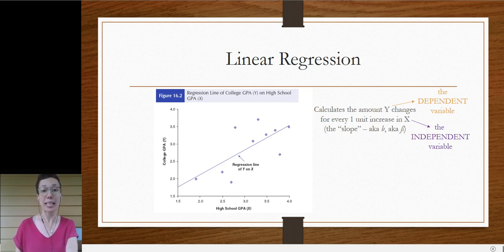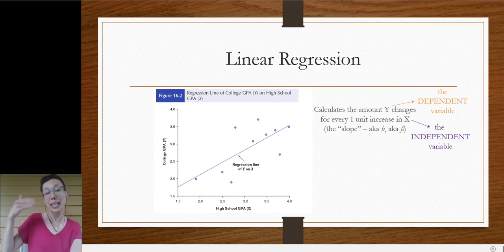It's calculating the amount that the dependent variable, in this case college GPA, changes in response to a 1 unit increase in the x variable, the independent variable.